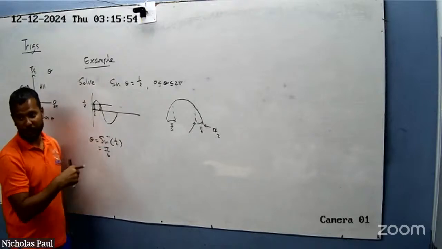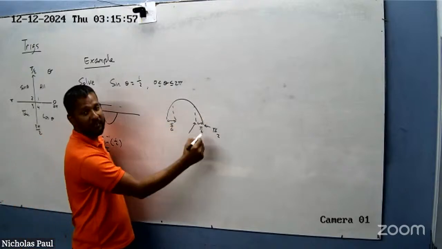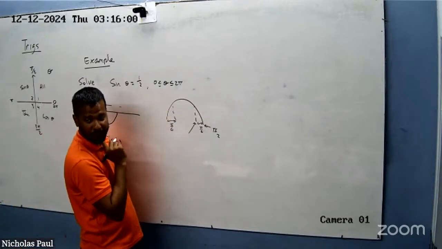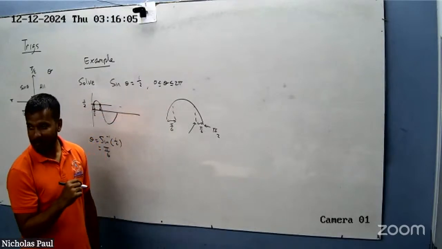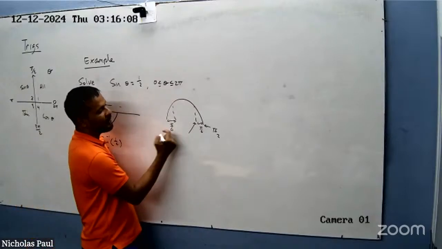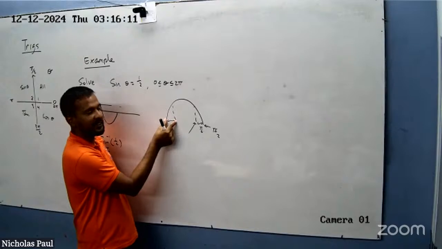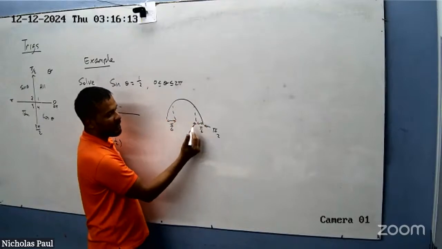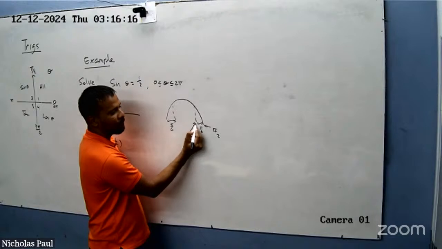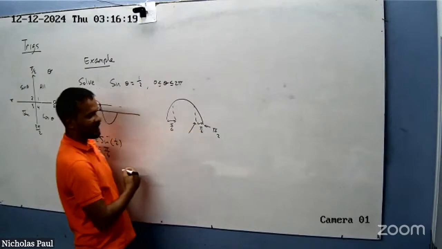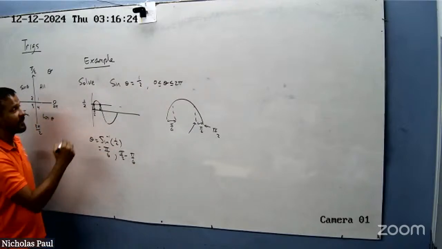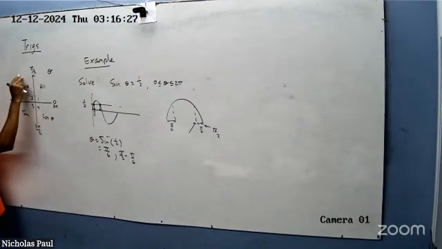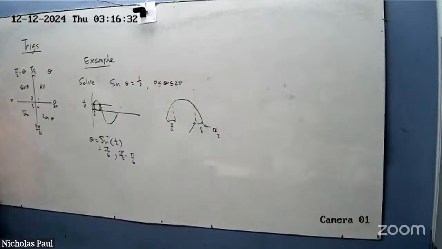I was trying to show you that this curve is symmetrical. So this space here is pi on 6, and this space is also pi on 6. So in order to get this value here, all I have to do is take pi on 2 and minus pi on 6. You may remember it as: to get the value in the second quadrant, you take pi on 2 and minus theta. Remember that?